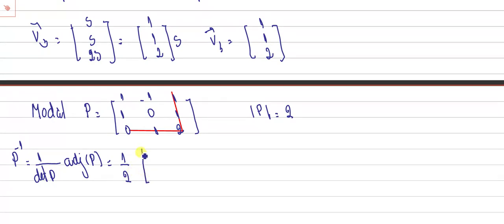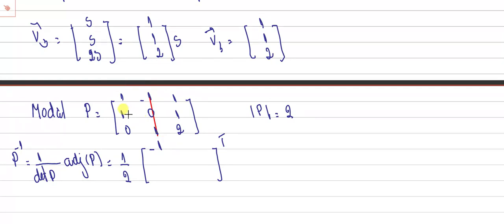And adjoint. Adjoint, I just write the cofactor transpose. The cofactor, we know already how to find the cofactor of this one. So we omit this one and omit this one. It's plus, minus 1. So I just write this one is minus 1. And this one is minus.